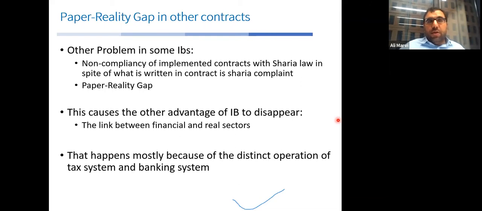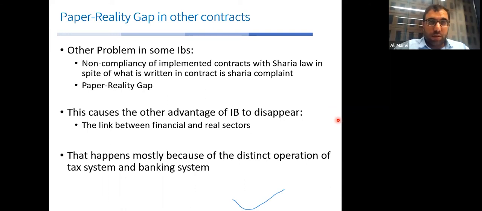If Islamic banks use the information system of the taxation system to lend money based on the Islamic contracts, then with the database of the VAT system, the value added tax system, we have this flow of goods and services, and because of the tax, the incentive to move from the written contract to the false path decreases a lot, and this kind of gap will disappear.